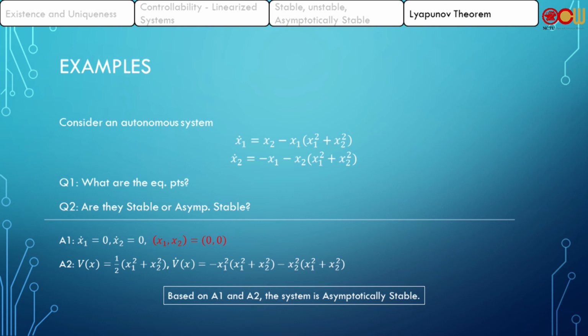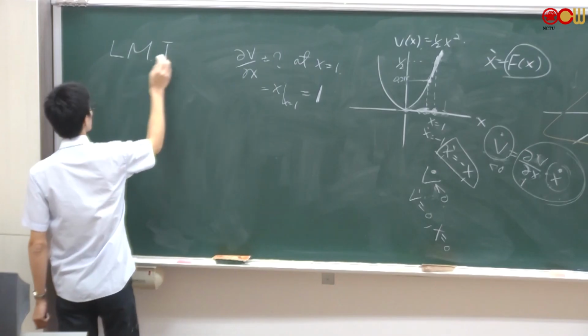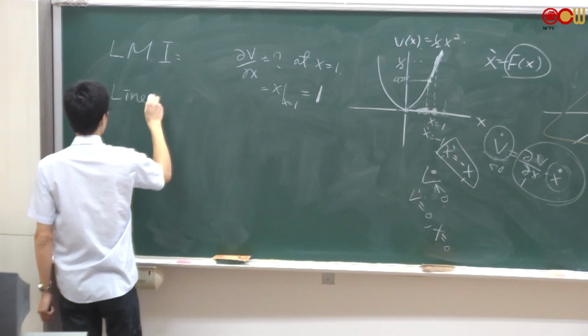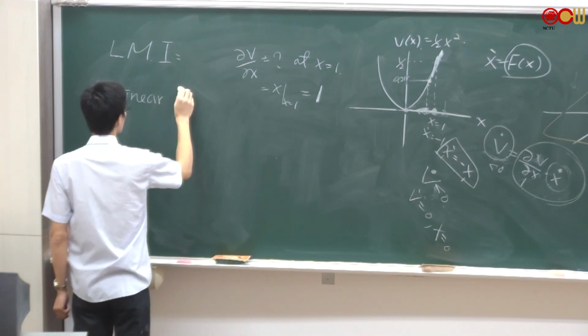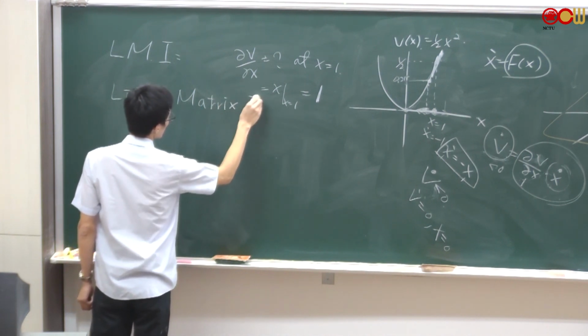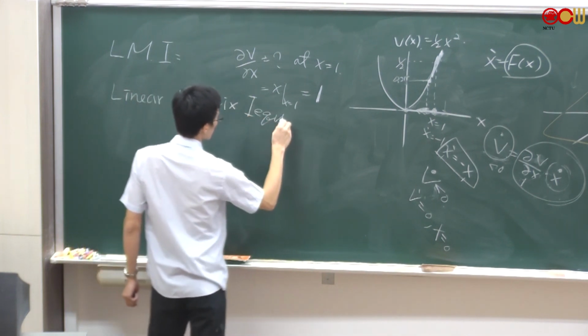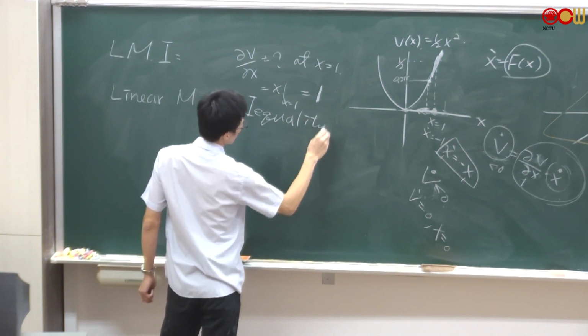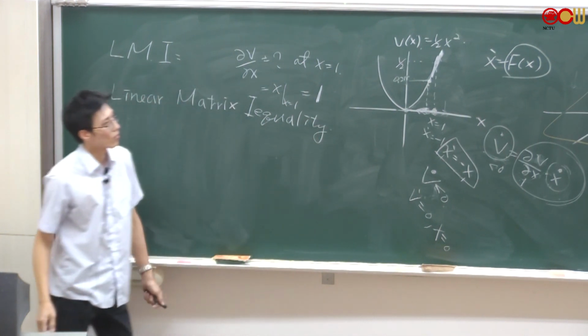Next, you have to find a Lyapunov function. If this Lyapunov function doesn't fit, try another one. There is no systematic way to find the Lyapunov function. But if it's a linear system, then you are lucky. You can use LMI, which stands for linear matrix inequality, to find the Lyapunov function.